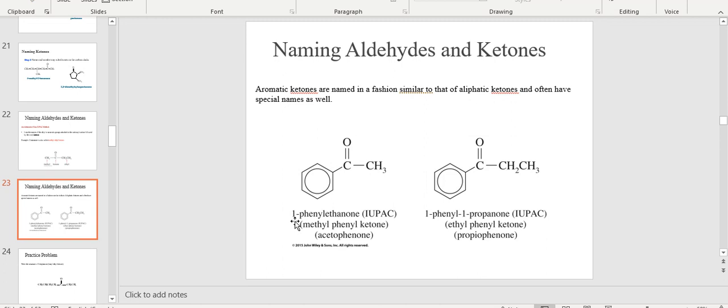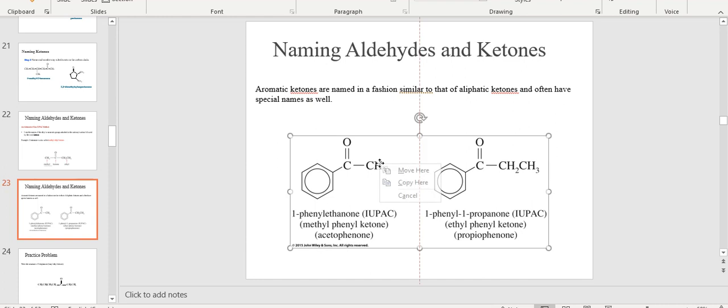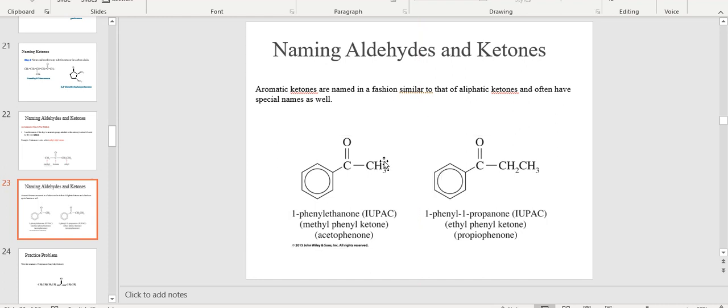I didn't do this, but I would question whether they even need to put a 1 there. Because if this carbonyl group was on this side, it wouldn't be a one anymore. It would be an aldehyde, right? So, again, it is what it is, right?